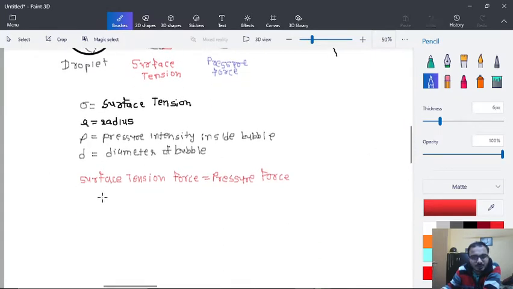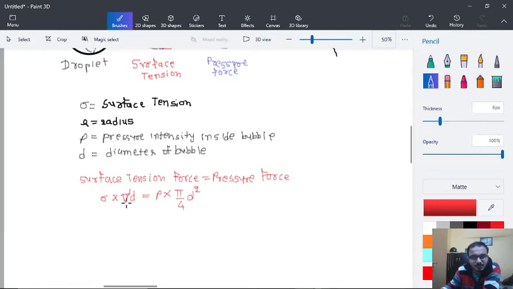So the force will be sigma into pi into D, and the pressure force will be equal to P into pi by 4 D square.